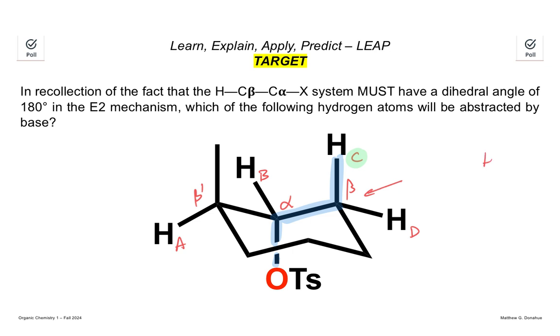So we know that if that beta carbon is the front one, then the H has to be up. So this would be HC, HD. There's the back carbon, HB. There's the tosyl. And then the rest of the ring would be this sort of double barrel.